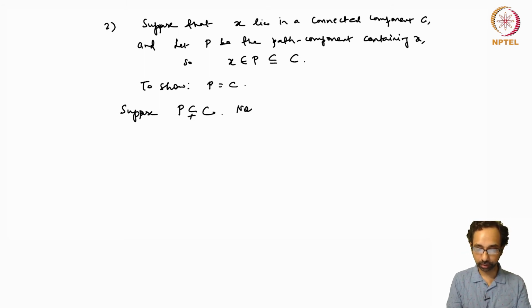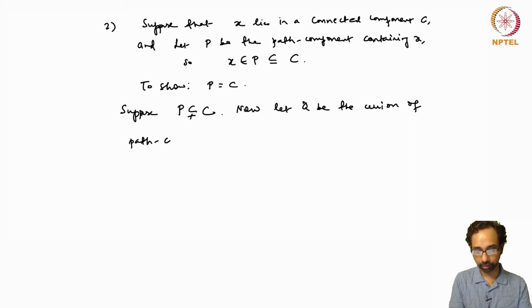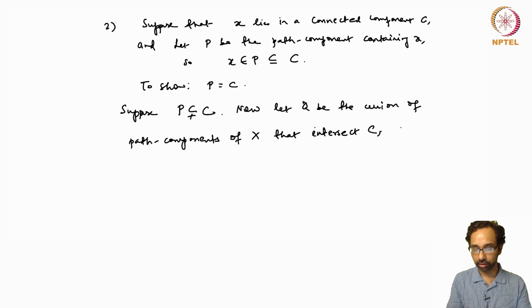Now let Q be the union of path components of X that intersect C. So Q can be written as the union of path components, say P alpha, alpha in J, such that P alpha intersecting with C is non-empty.